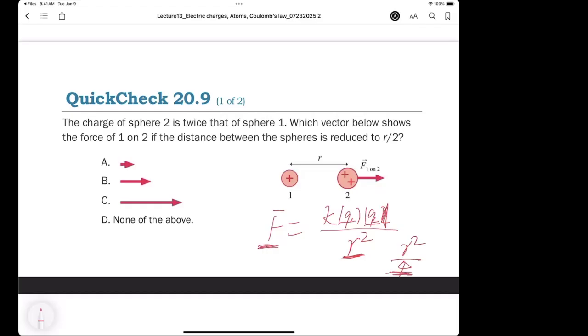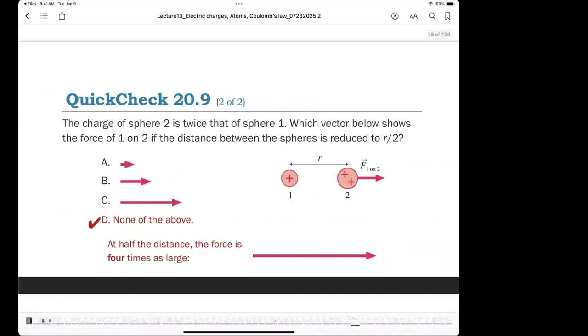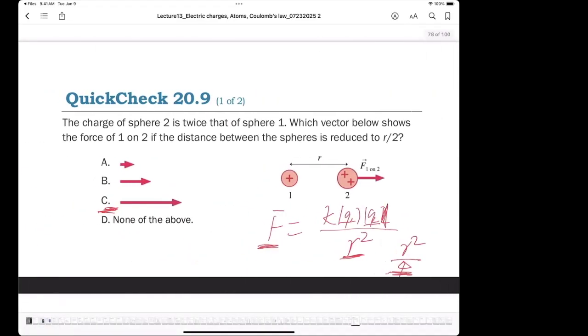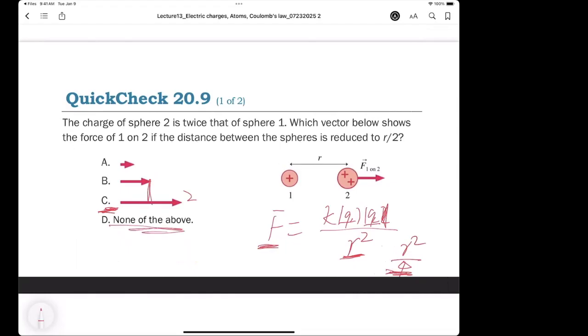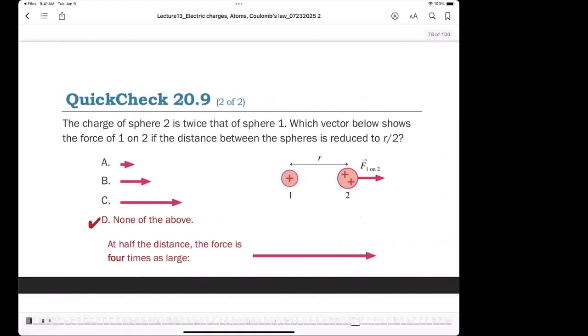So C is the right answer? Oh sorry, C is 2 times. You need to find 4 times, so none of the above. Sorry about that. There is no 4 times option.